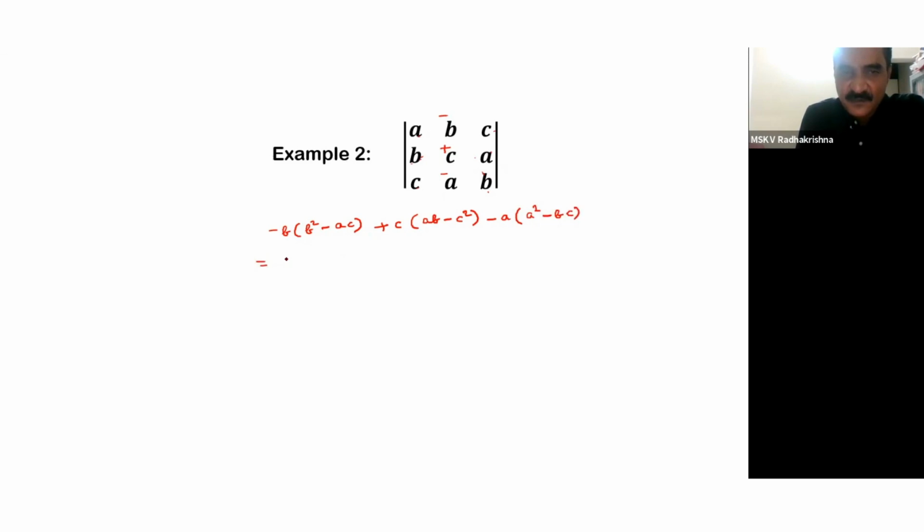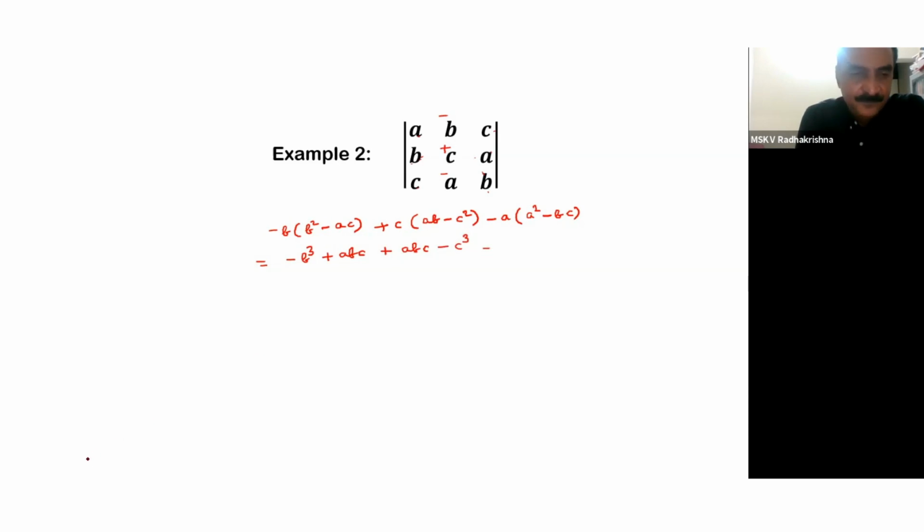Simplify, multiplying by minus B inside, minus B cube. Next is plus ABC, plus again C into AB is ABC, minus C cube.